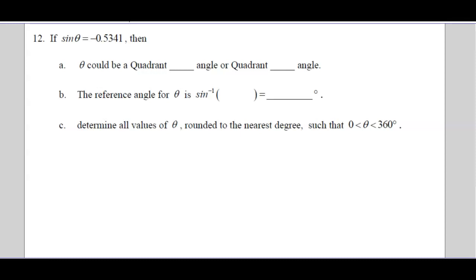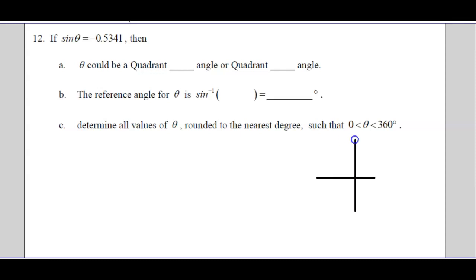Okay, so this one, now we're not given it as a fraction, we're given it as a decimal. Doesn't change anything, okay? So we're given a trig ratio as a decimal. So we need to think about, now we have choices, because we're not told the coordinates, we're told the ratio.